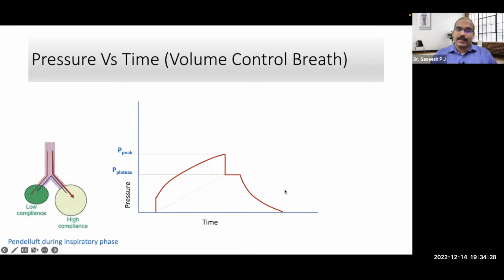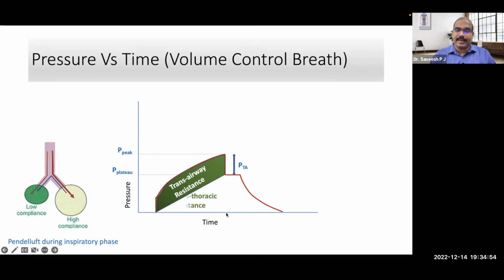So now you look at this tracing again, and the difference between pressure peak and the plateau pressure is reflecting the pressure required to overcome the airway resistance. Okay, so this work done, this area represents trans airway resistance.